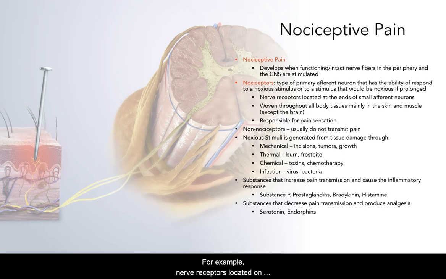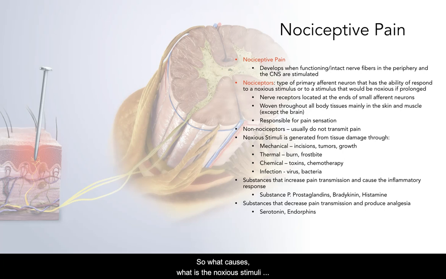For example, nerve receptors located on the ends of small afferent neurons. They're all throughout your body, your skin, your muscle, and their responsibility is pain sensation. Non-nociceptors usually do not transmit pain signals.